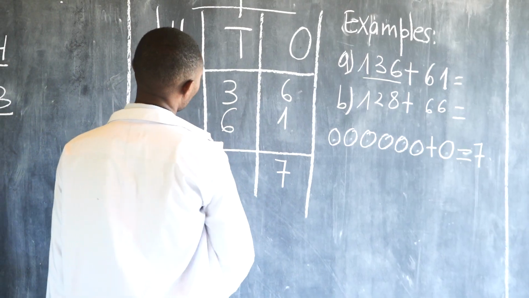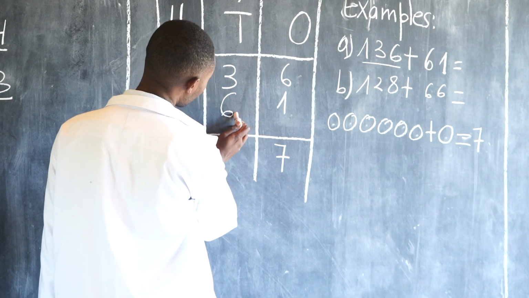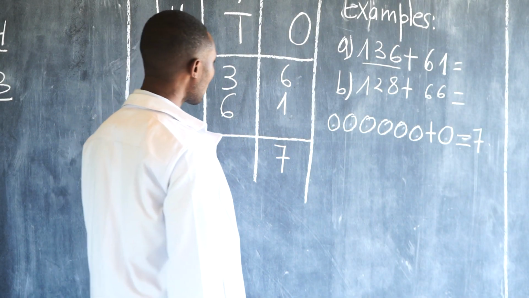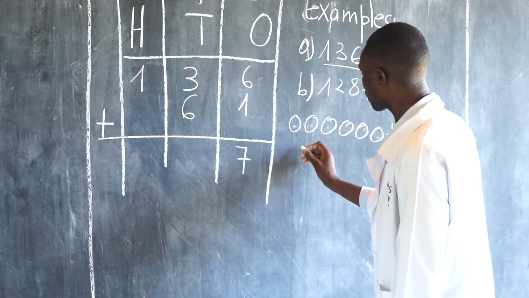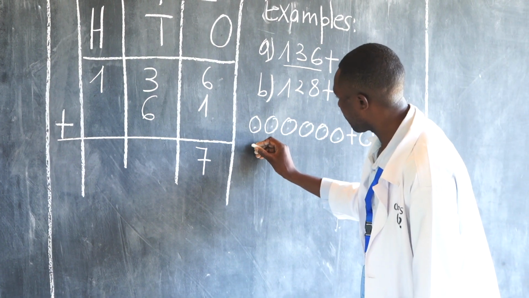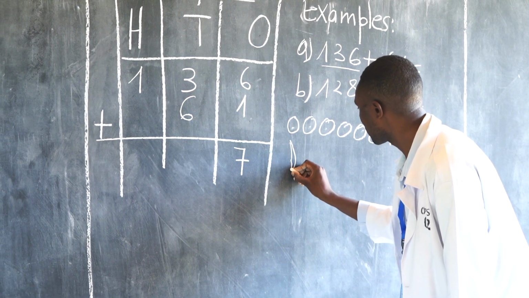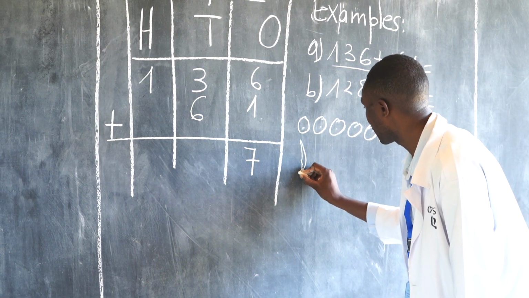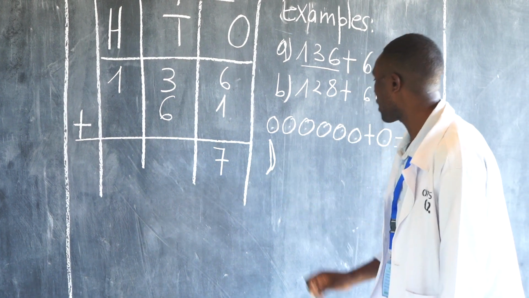On these tens, we have to see 3 plus 6. Now let us see that we are going to draw bananas. Suppose that those are bananas.